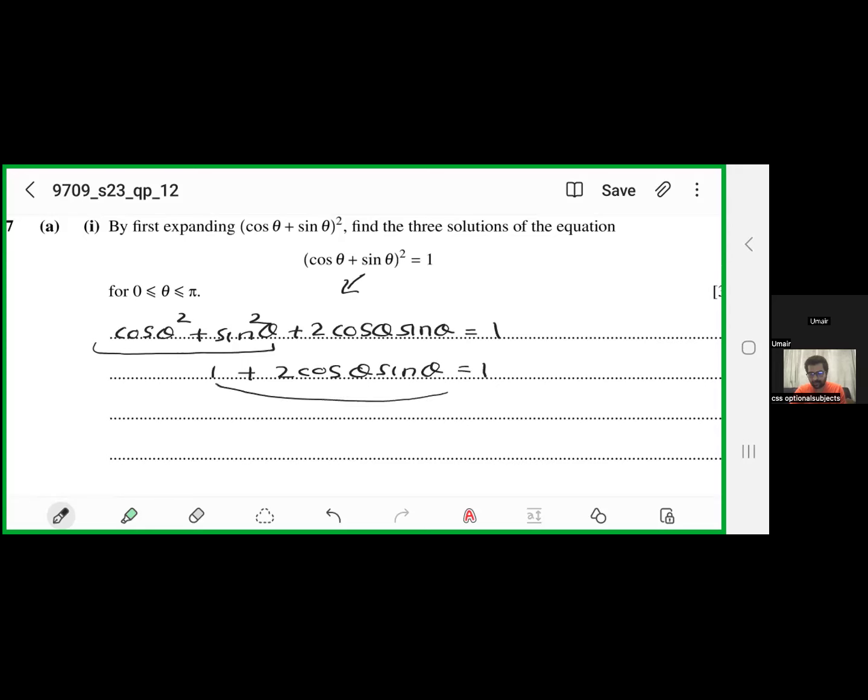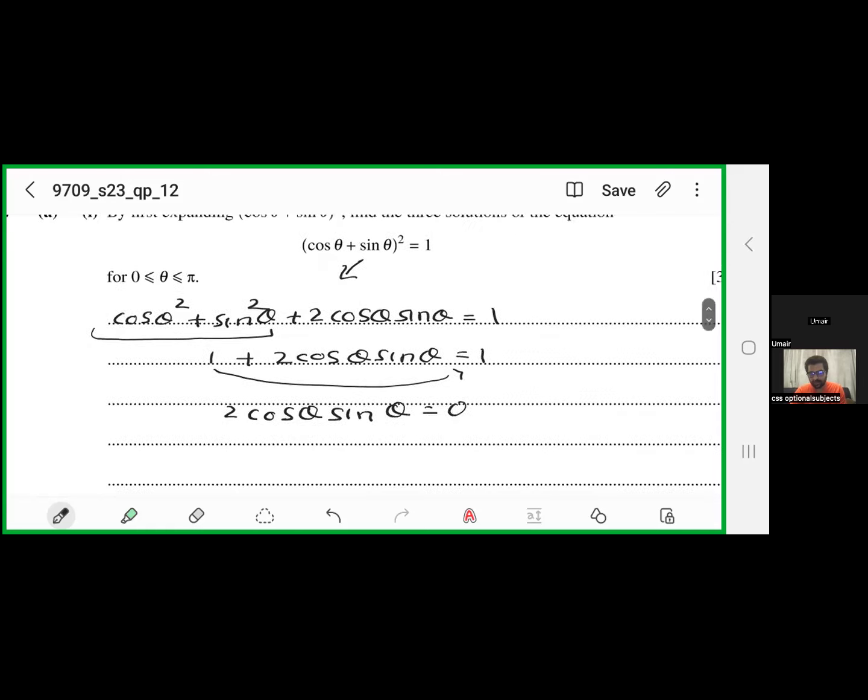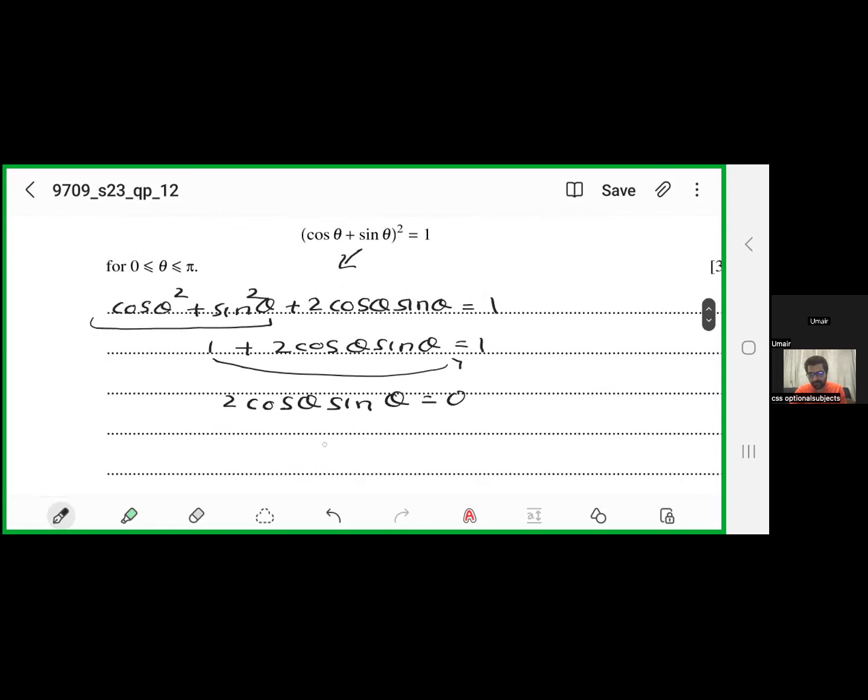Now move this 1 to the other side. So 2 cos theta sin theta is equal to 0. From here, this is 2 cos theta sin theta, we can say that this is sin 2 theta is equal to 0.